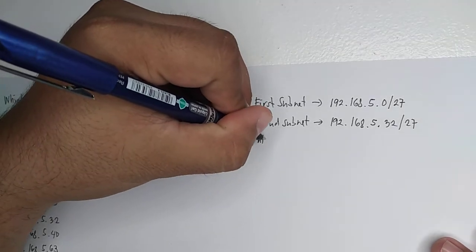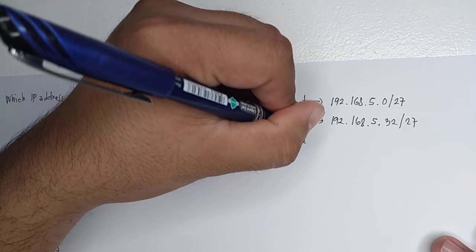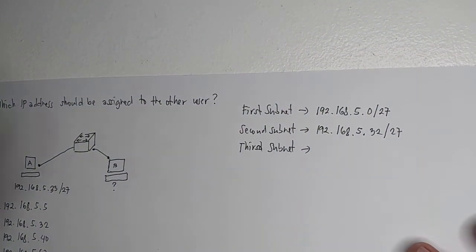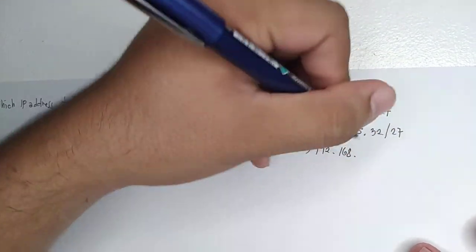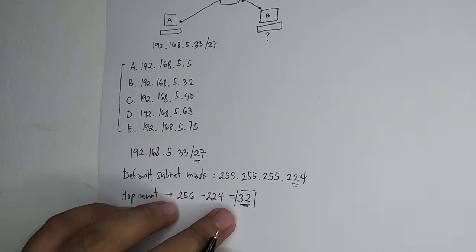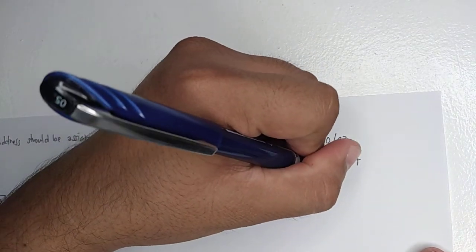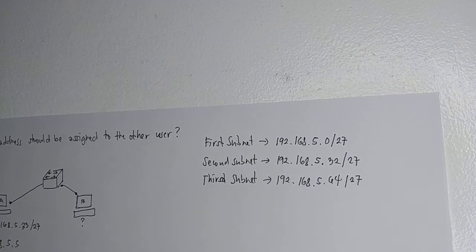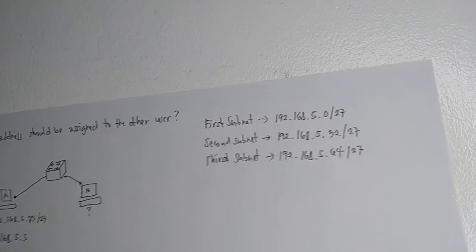The third subnet is 192.168.5 dot, hop count 32 plus 32, which is 64, /27. I think we have already reached some of the given addresses.